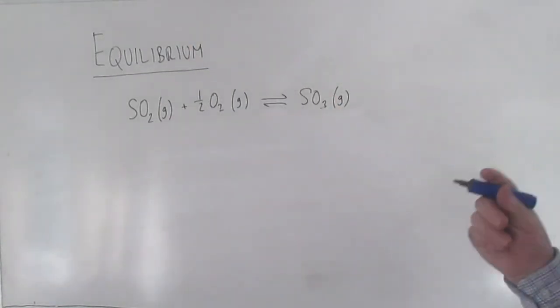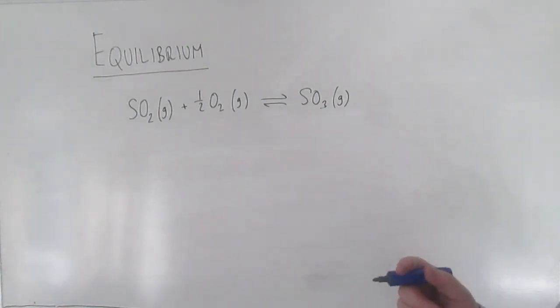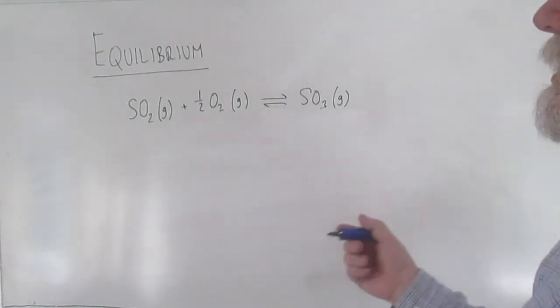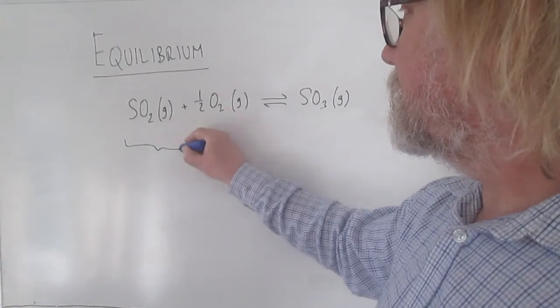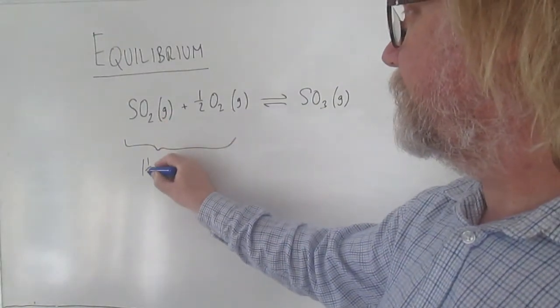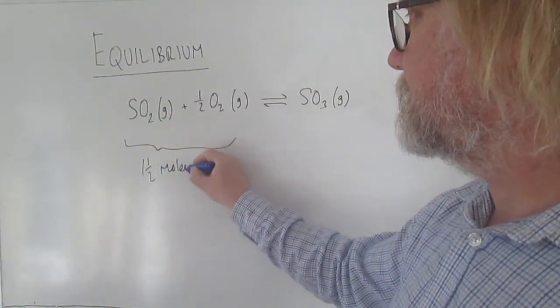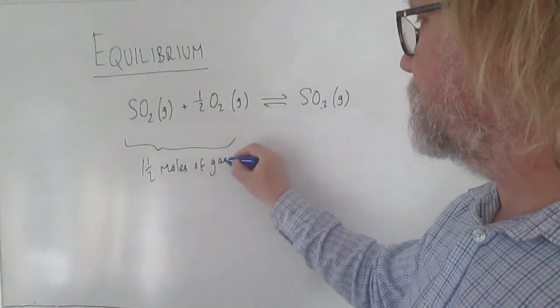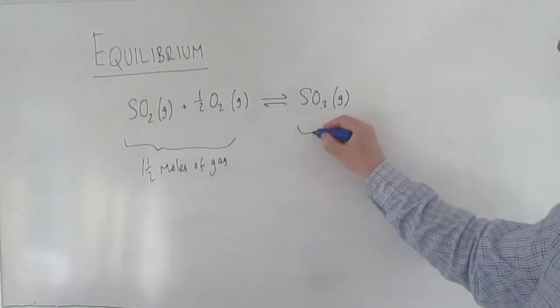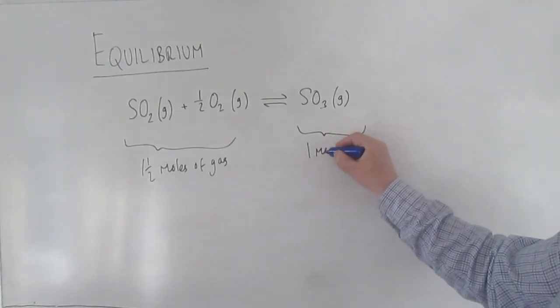So what we're going to do is just count how many moles of gas there are on each side of the equation. And in this case that's easy, because you can see we've got 1.5 moles of gas on the left, but here we've only got 1 mole of gas.